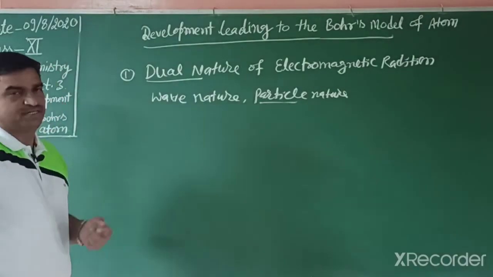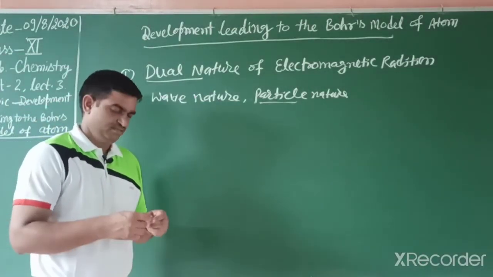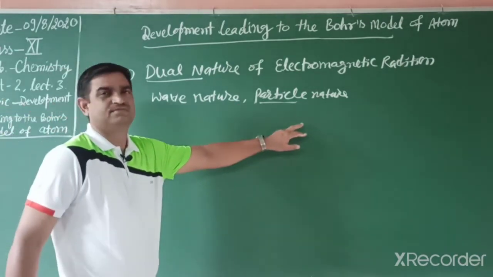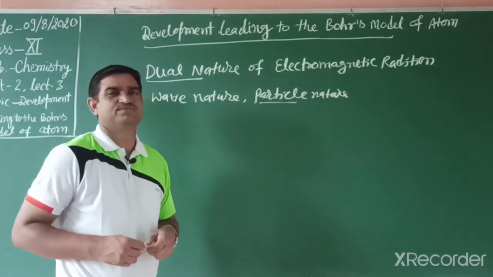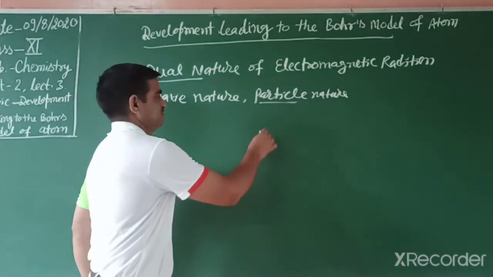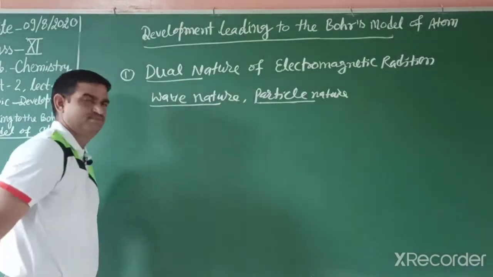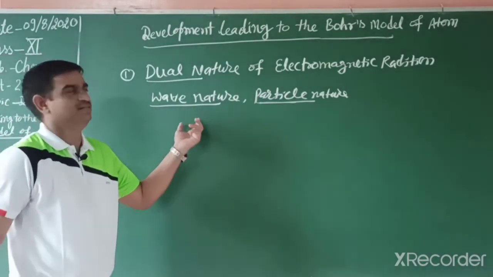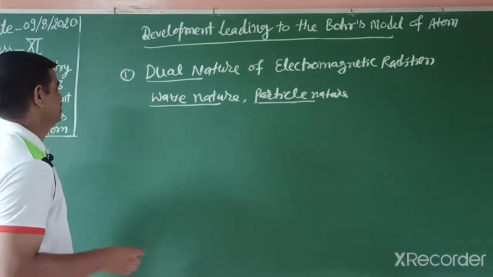The wave nature was explained in detail by Max Planck and James Maxwell, and the particle nature was given in classical mechanics at the time of Sir Isaac Newton. We study both natures of electromagnetic radiation in detail.